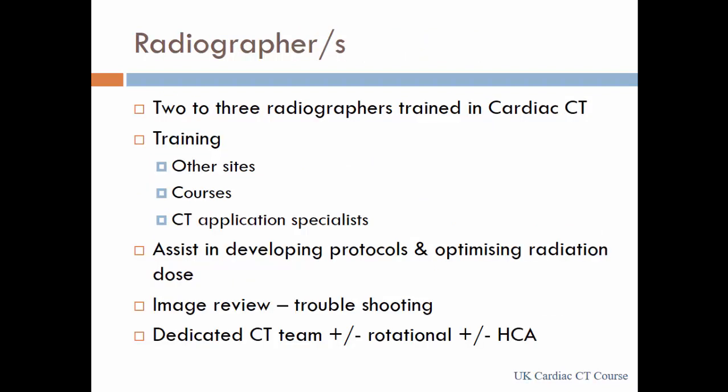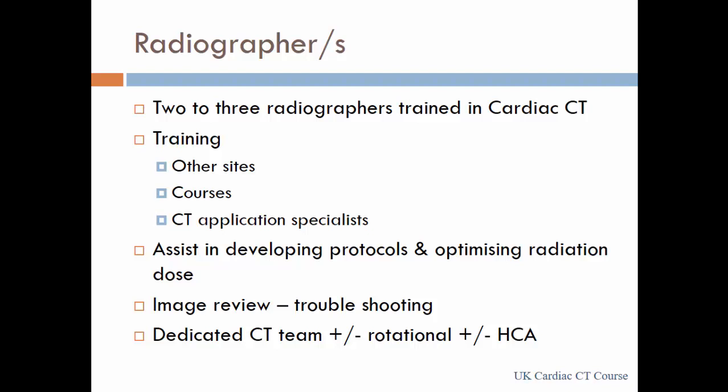Again, you need 2 or 3 radiographers to run the service. So initially, obviously, one radiographer gets trained, and that person trains the second one, and then the third one. Like that, you develop a team of 3 to 4 radiographers which would be required to run the service. Normally, the radiographers would get training mostly from the apps specialists, who come from the company.